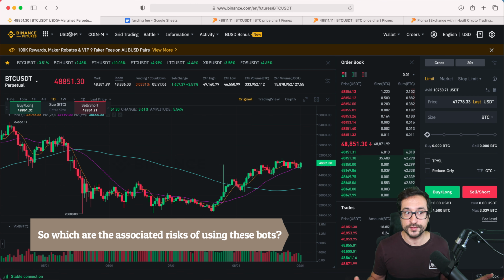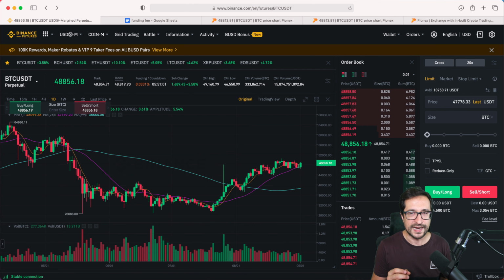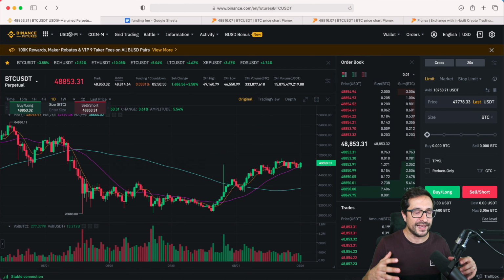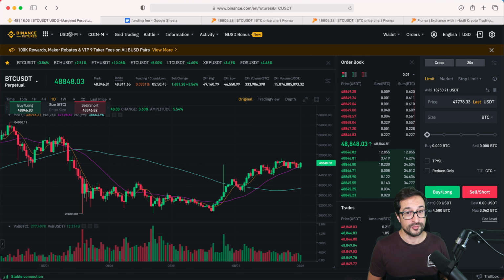What are all the risks of running these bots? Can you lose money when running an arbitrage bot of this type? In theory, yes, but those risks are extremely low if you're running the futures spot arbitrage bot on a very stable coin like Bitcoin or Ethereum. Compared to other smaller caps, those coins are very stable.